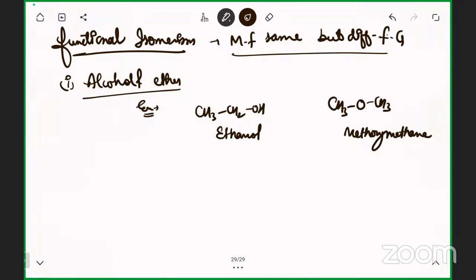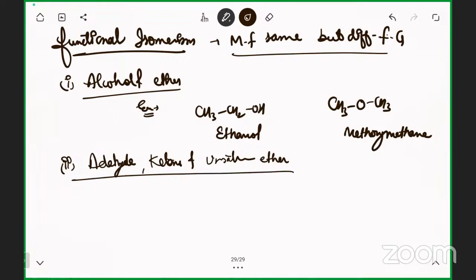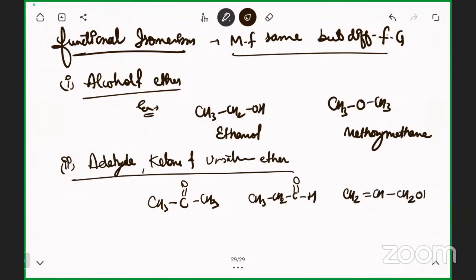The second example we can take is of aldehyde, ketone and unsaturated ether. For example, we have CH3, C double bond O, single bond CH3. With this, we have CH3, CH2, C double bond O, single bond H. We have CH2 double bond CH single bond CH2OH.